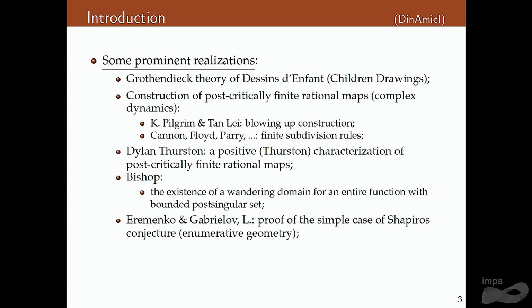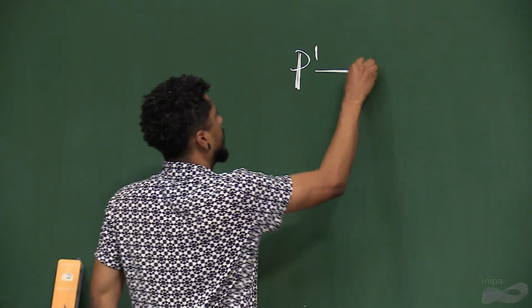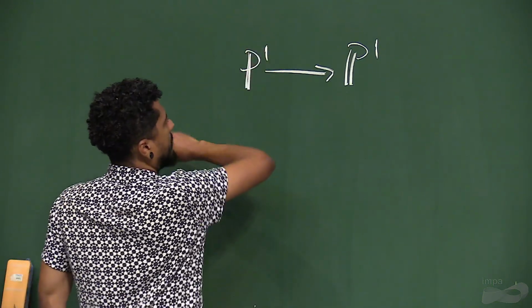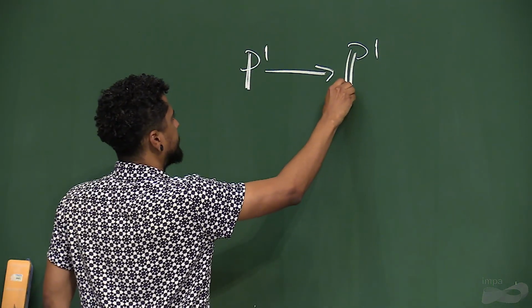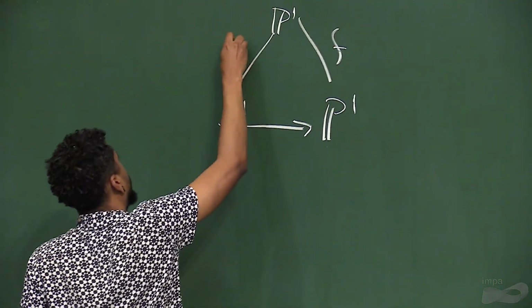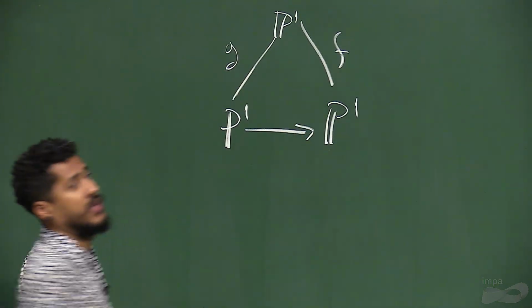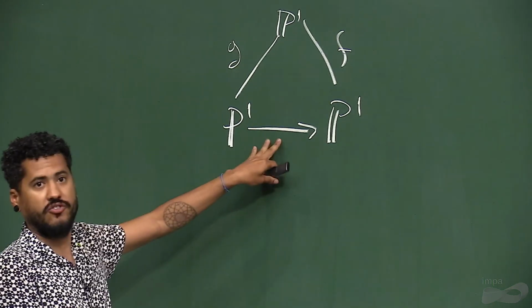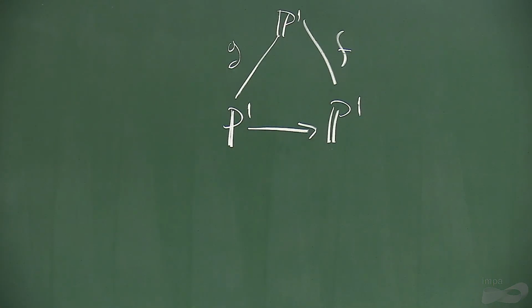That is a problem in enumerative geometry, but in the simplest case, this reduces to counting rational functions up to post-composition with automorphisms. So two rational functions are identified up to a change of coordinates on the codomain.